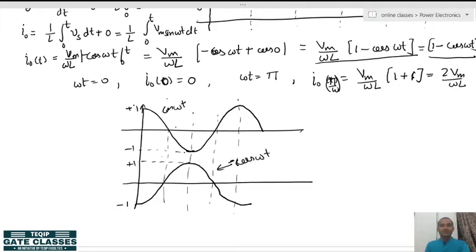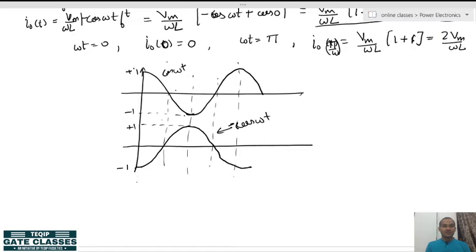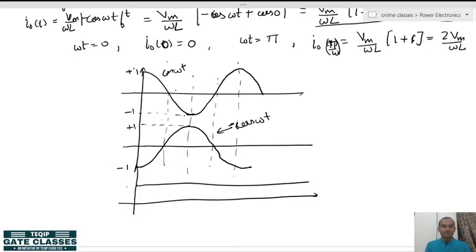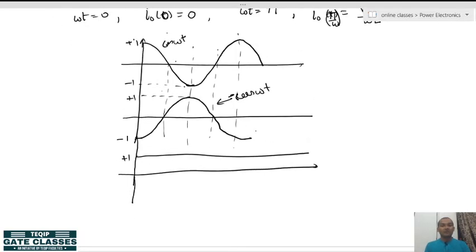Now, you are adding 1 to it. When we add some bias value, or some constant value, this curve will shift upward along the y axis. So this -1 point will come to 0, this 0 point will come to 1, and this 1 point will come to 2, so the curve will be like this.